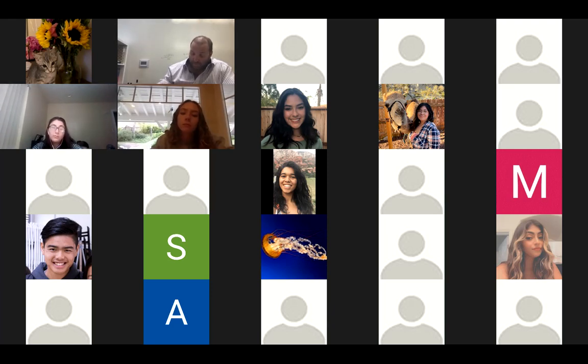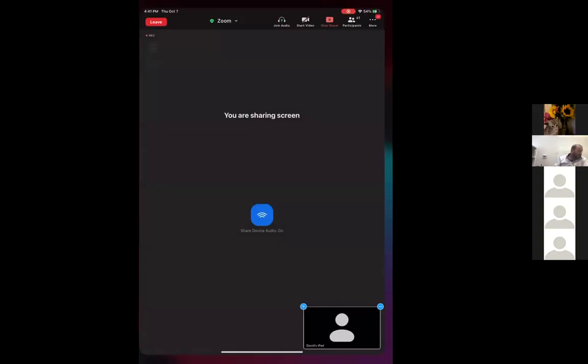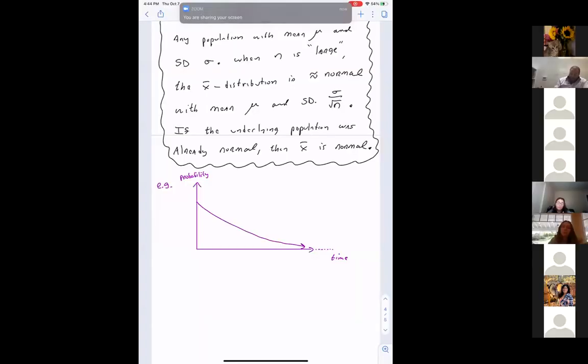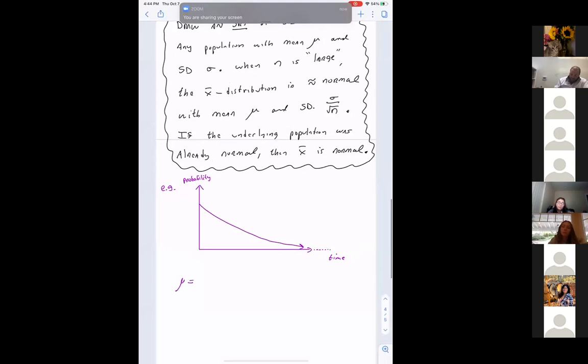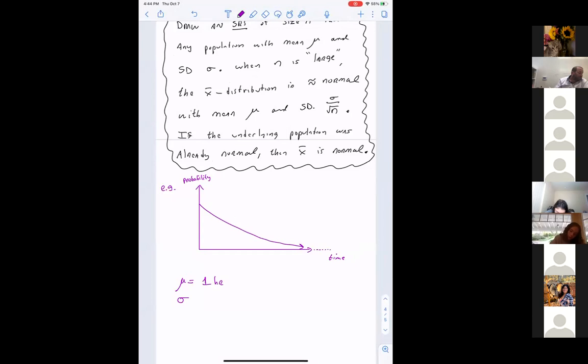So let's see where we're going with this. The mean time, mu, is equal to 1 hour. So data suggests that the mean for this example is 1 hour, with a standard deviation that is also 1 hour.